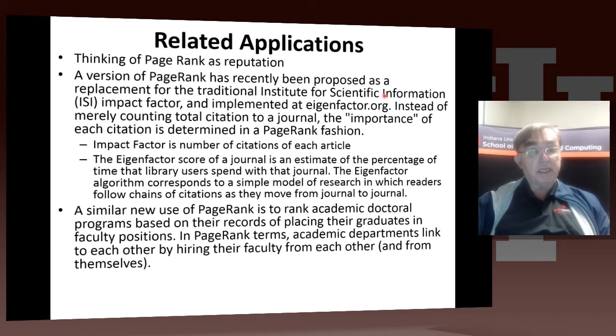It comes from citations. So the citations of the articles in the journal effectively establish a graph. When you analyze that graph, you can find the same type of eigenvalues and eigenvectors, and that then gives you, again, the most popular journals and things like that.